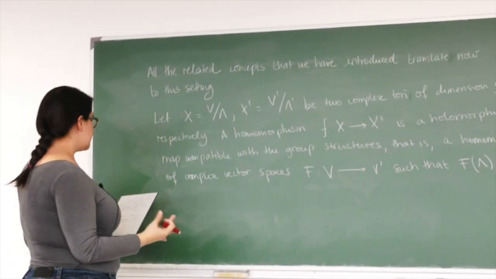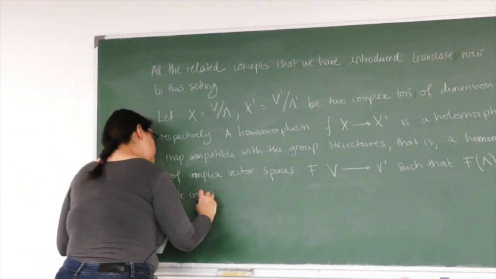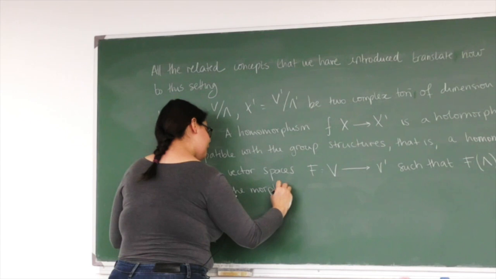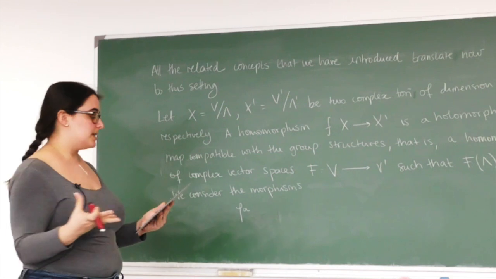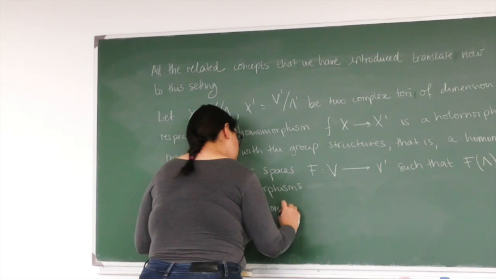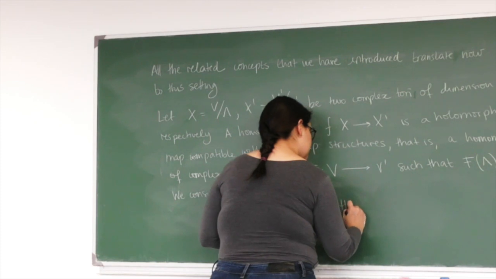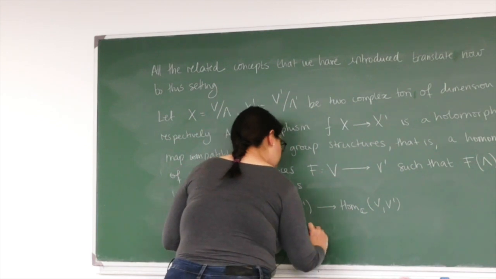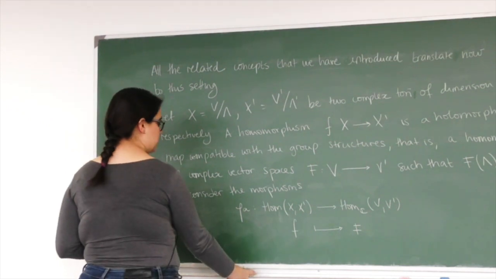And because we have this setting, we can actually consider the maps that we will call the analytic and the rational representation of a homomorphism, that go from the homomorphisms of the complex torus to the homomorphisms of the vector spaces and send f, lowercase f, to capital F. That will be the analytic representation.